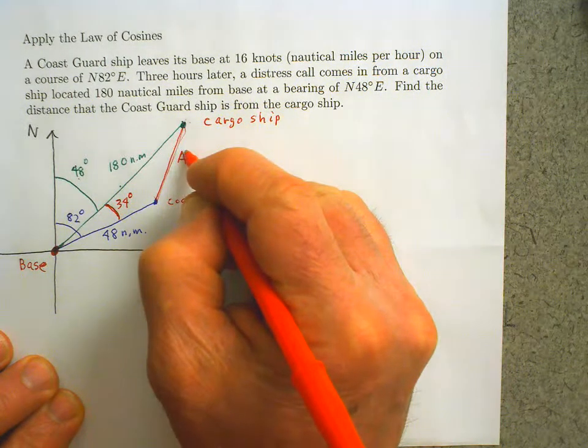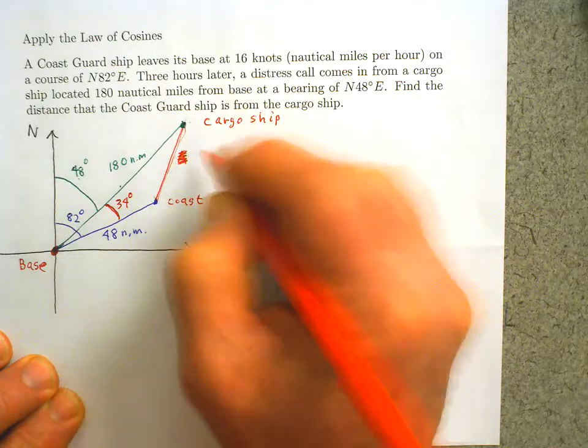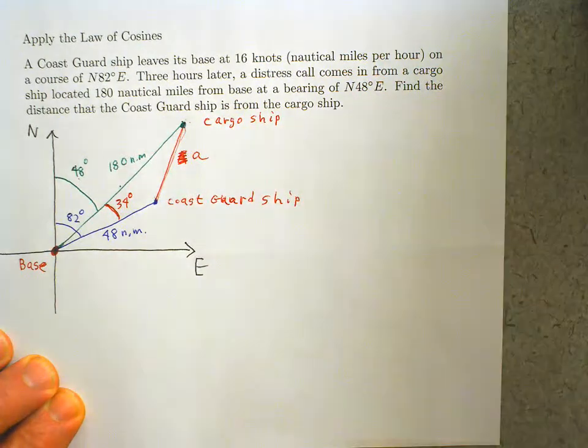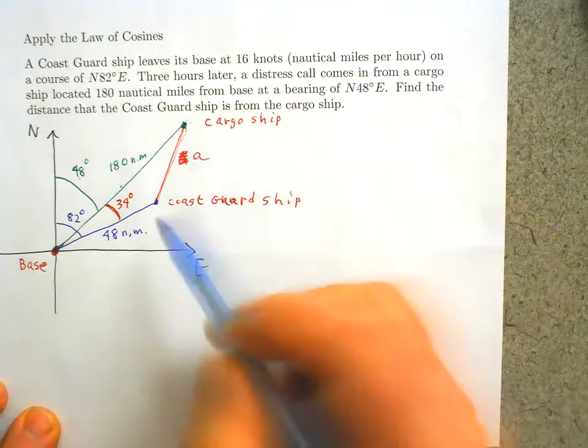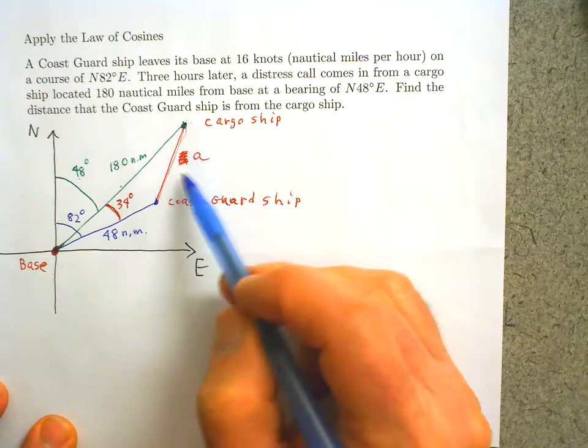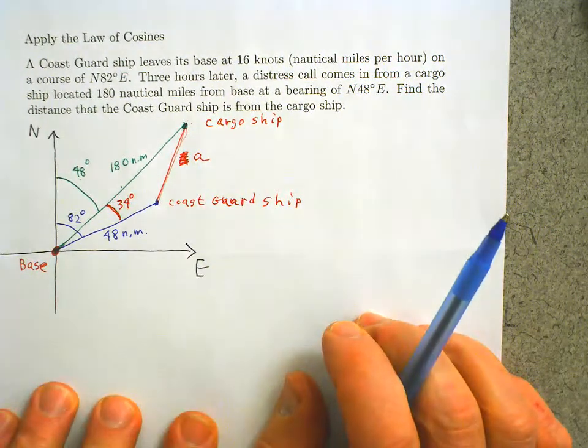So maybe I'll replace this with lowercase a, because we're used to using lowercase letters for the lengths of sides of triangles.